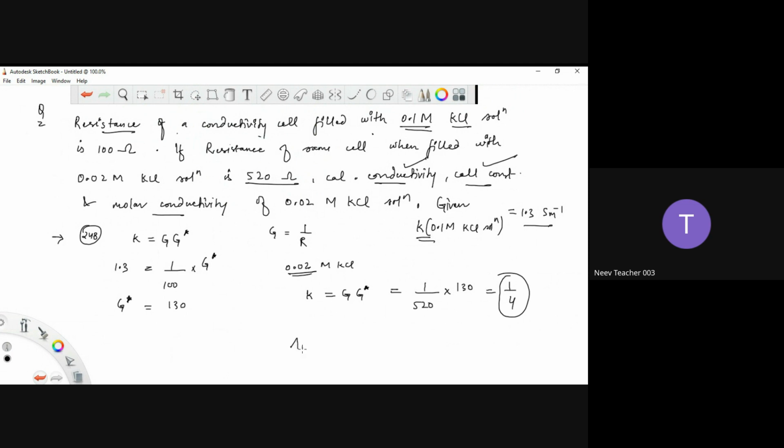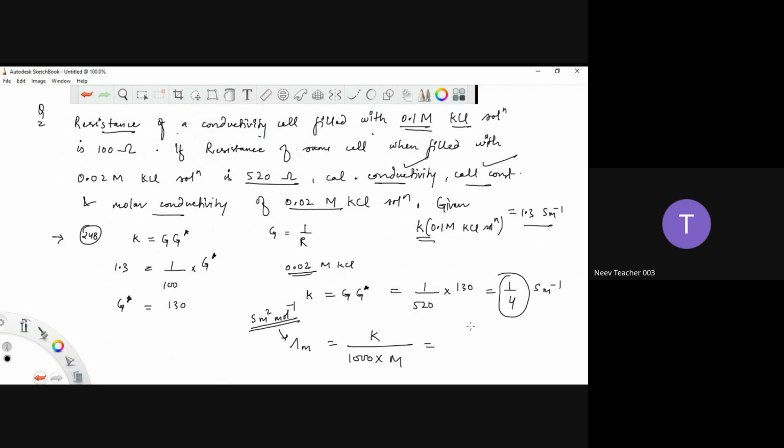Then lambda m for 0.02 molar. Now see, this conductivity we have calculated will be in unit of Siemens per meter. It means the lambda m which we are going to calculate will be in Siemens meter square per mole, that is the SI unit. So the formula will be what? Kappa over 1000 into molarity.